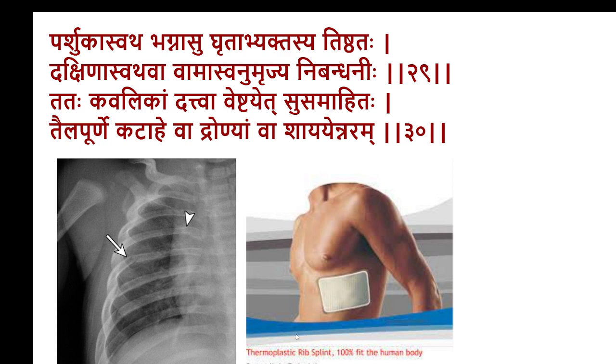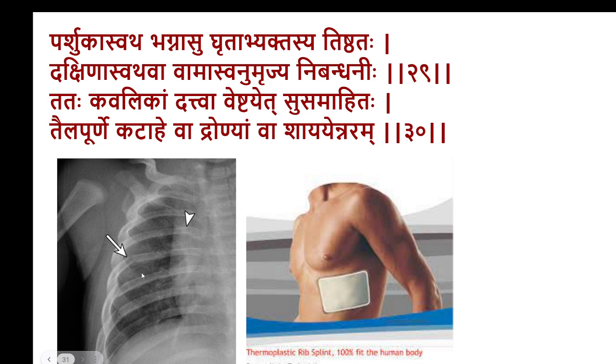Now, this principle also has a certain basic physiological basis, though now we have a lot of technological modifications. In case of fractures of the ribs, we classify them into two conditions. A stable rib injury is where the fracture is at only one side and the chest wall is stable.